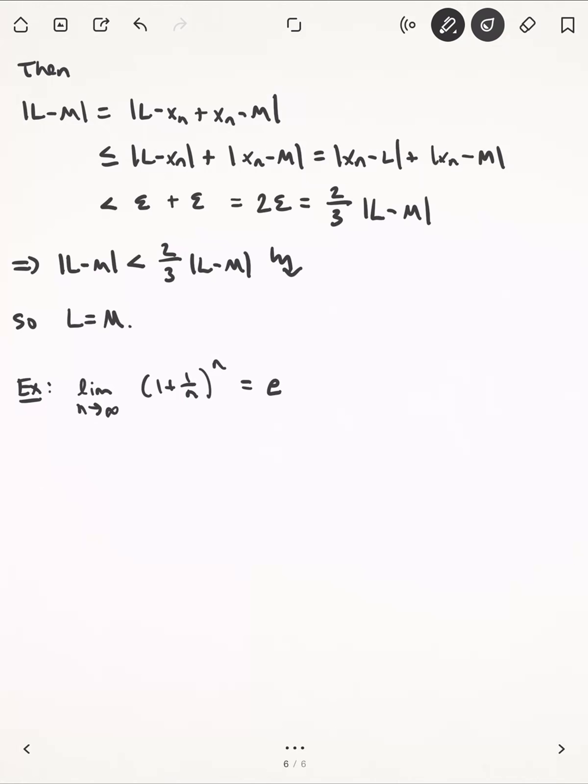Sometimes you can look at these things and they're not so clear. If you aren't careful, you might think this is just 1 because 1 over n gets vanishingly small, and then you're just raising 1 to a large n power, which you think is maybe just 1, but really this is e. Okay. So I'm going to write "maybe deceiving."